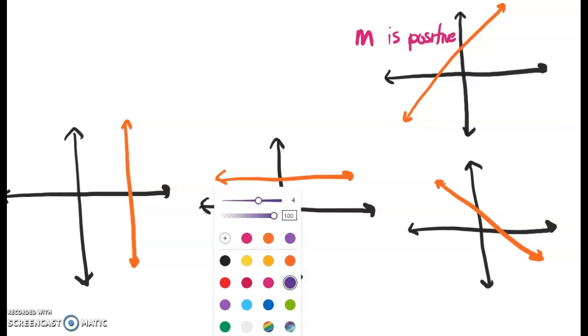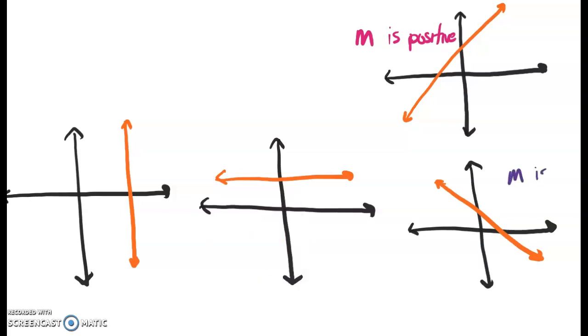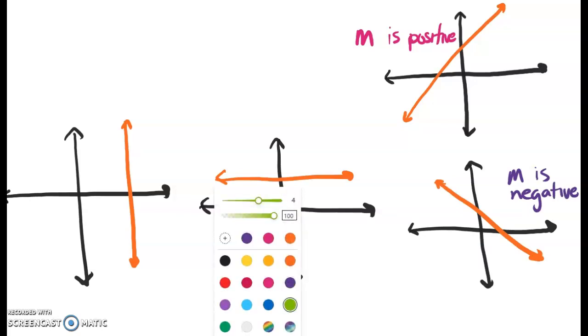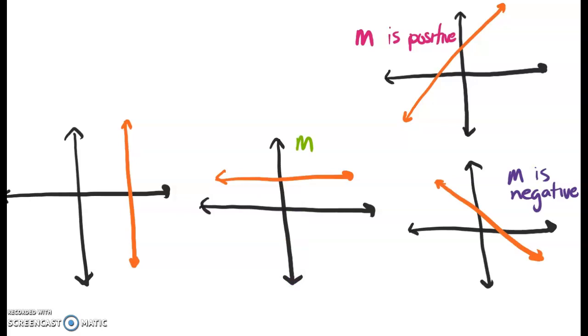It is also possible that you get a slope that is negative. If the slope is negative, the line will go downward. The third possibility is that you get a slope equal to 0. If your slope is equal to 0, then it's a horizontal line.